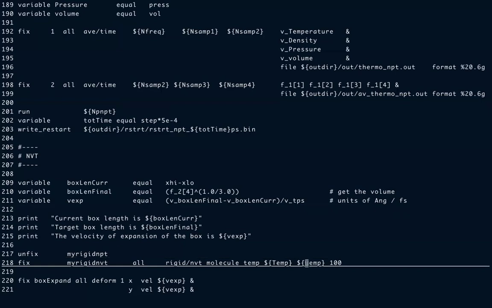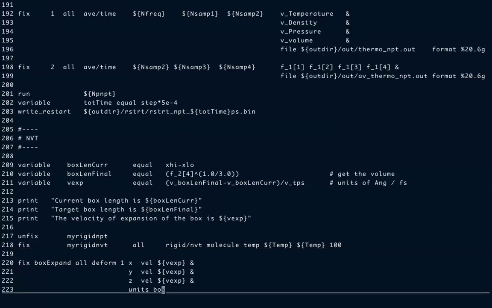Instead, I instruct LAMMPS to now initiate the NVT ensemble where the volume of the box is fixed, the number of molecules inside the box is also fixed, and only the temperature is maintained through the use of a thermostat. And the temperature here equals the equilibrium temperature that we have set, which is 323.15 Kelvin.